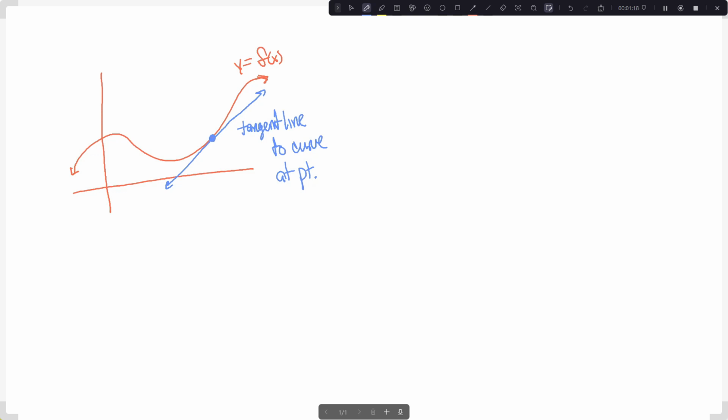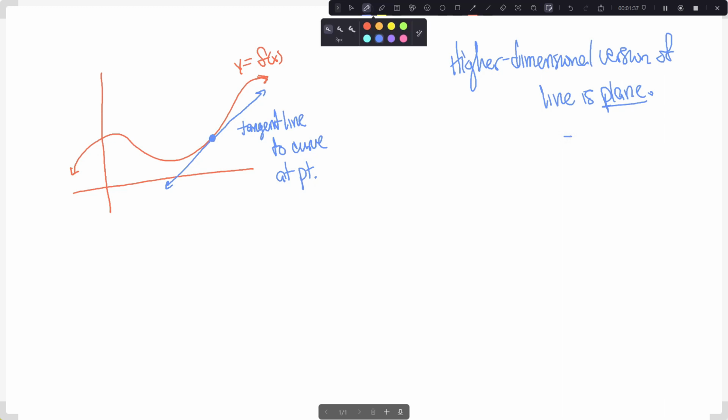Basically, what is the higher dimensional version of a line? It's a plane.